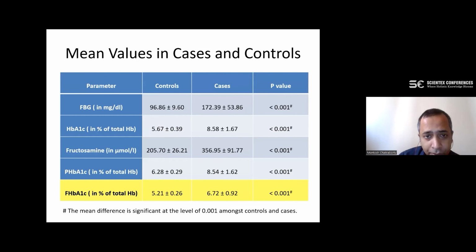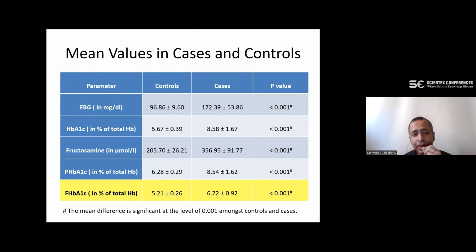So this is how we got fructosaminated and predicted HbA1c, and then the standard parameters were compared for their mean values. If we have a look at the mean values in cases and controls, we find that similar to the standard glycemia indicators like HbA1c, fructosaminated HbA1c and predicted HbA1c also showed significant difference between controls and cases.